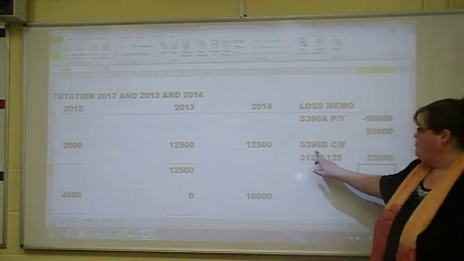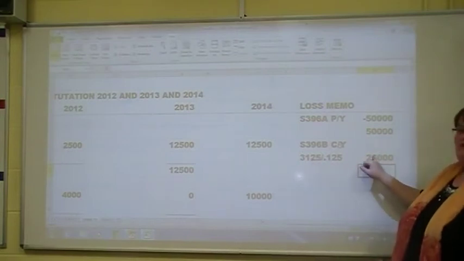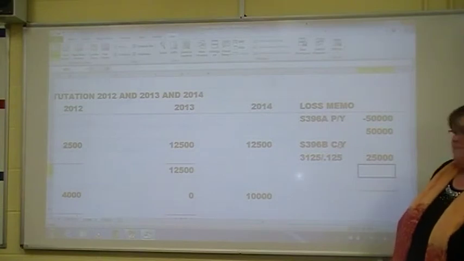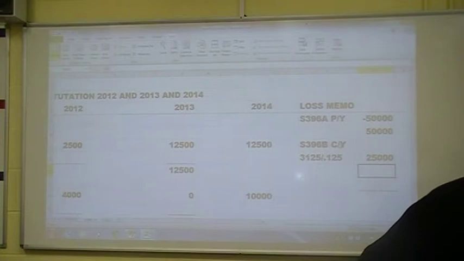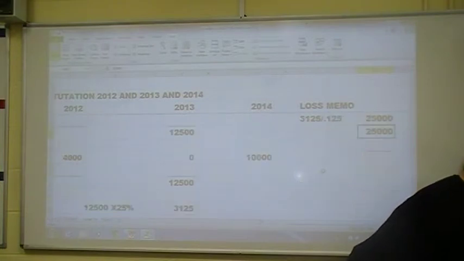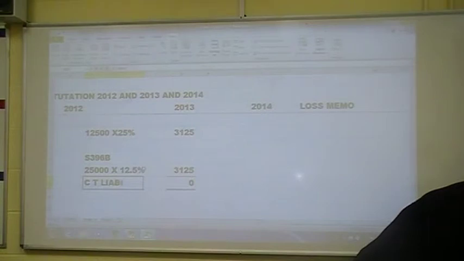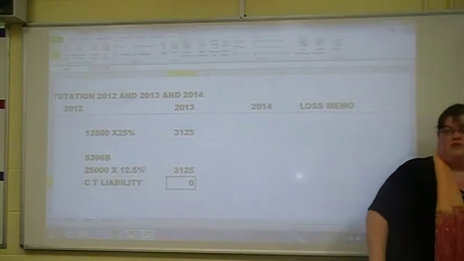So to shelter 3,125 euro worth of tax liability, we need 25,000 euro of our loss, which means we've got 25,000 left. So if you come down here, so section 396B, and it's 25,000 by 12.5% is 3125. So we've got a CT liability of 0.